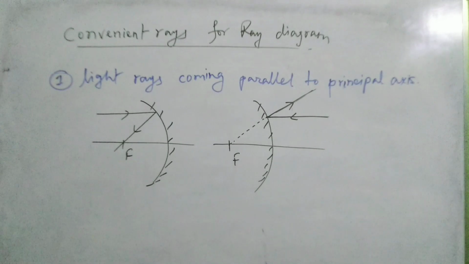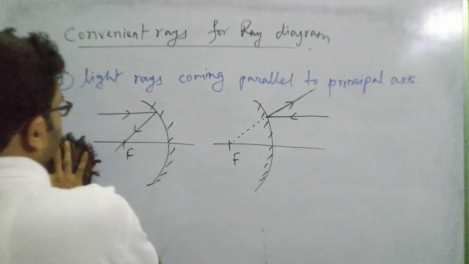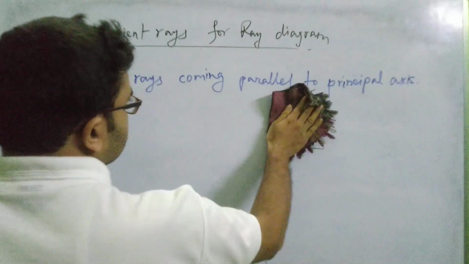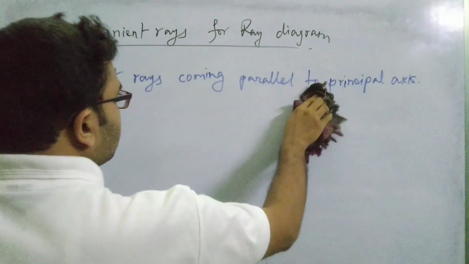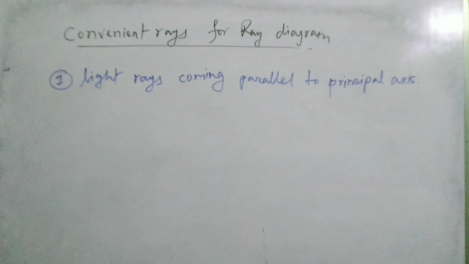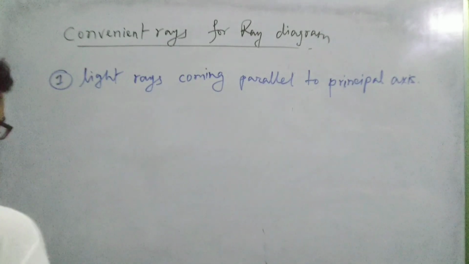What is the second convenient ray? Just the opposite. Consider when a light ray is incident through the focus, that is, the light ray is coming in such a way that it passes through the focus and falls on the spherical mirror. What will happen to those kind of light rays? Those kind of light rays will get reflected parallel to the principal axis.